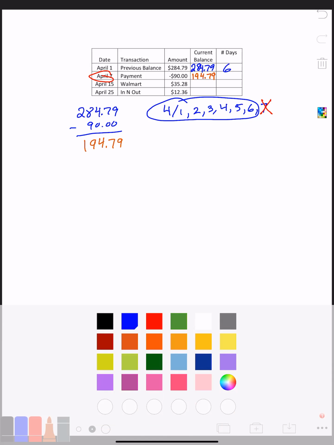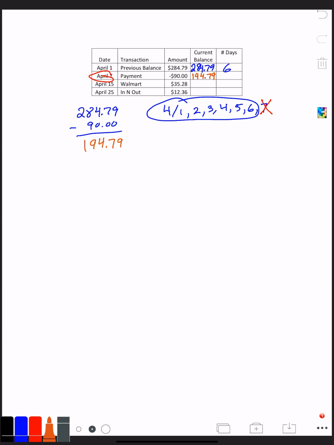So it started out, the next time we had $194.79. And then we made a purchase for $35.28. So we go ahead and add that in, and we're going to get a new balance of $230.07. I go ahead and put that into my table up here.